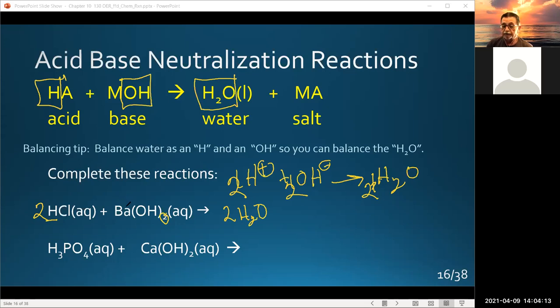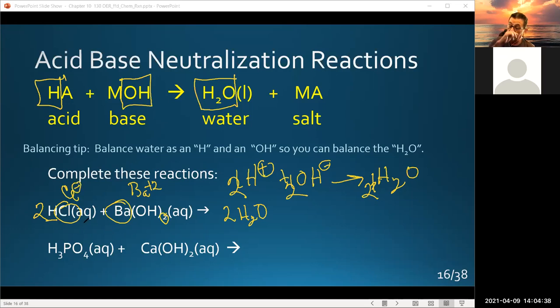Now I just simply have to write the ions of the salt. The salt here is going to be barium and the chloride. Okay, I know that barium is a +2 species, so I'm going to have a +2 charge. Okay. And I know the chlorides are a -1. Okay, it's group 7.